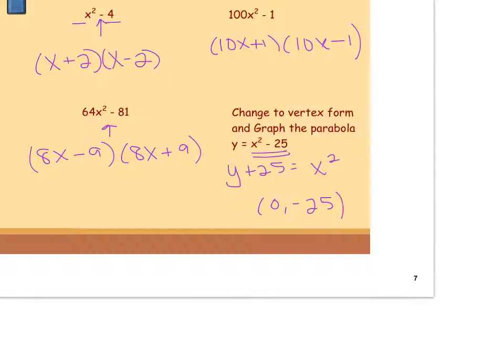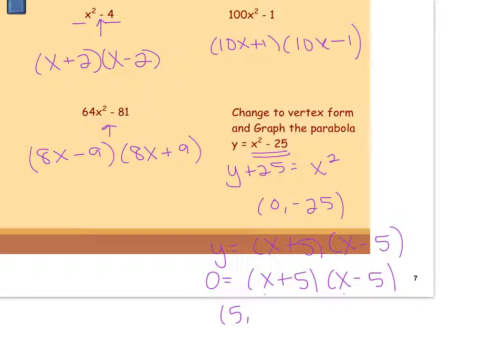So from there, I would need to think about my x-intercepts, which come from the factors. So remember that x-intercepts happen when y is 0. So if this is equal to 0, then one of two things had to happen. X was either negative 5 or positive 5. Those are my x-intercepts.